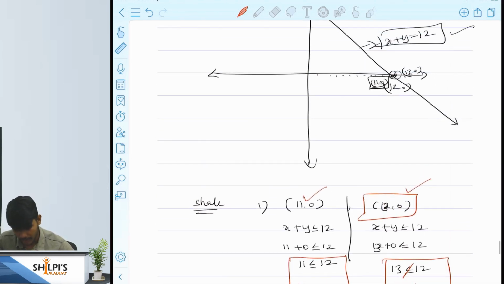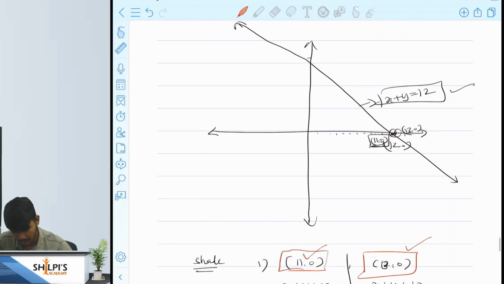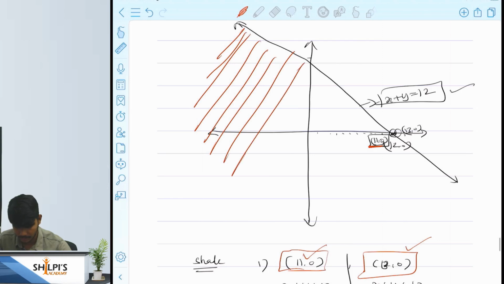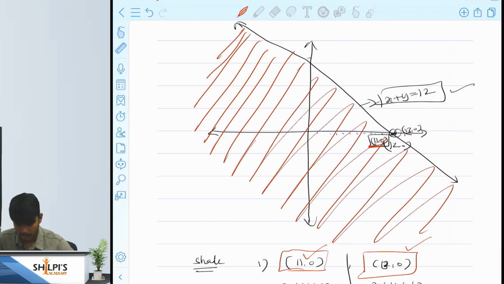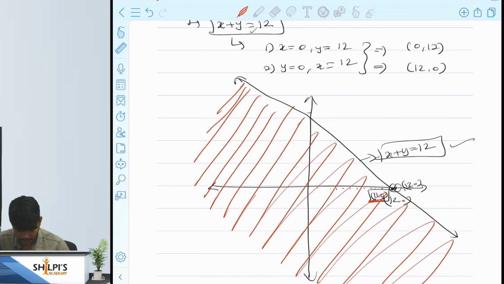So I will shade the region where these points belong. Since these points belong to this side, I will shade this part. Do we need to shade this line also or not?